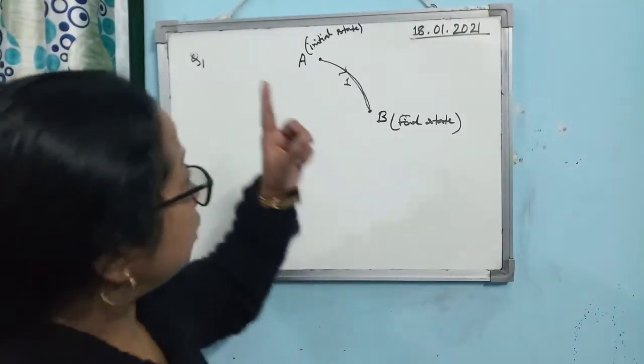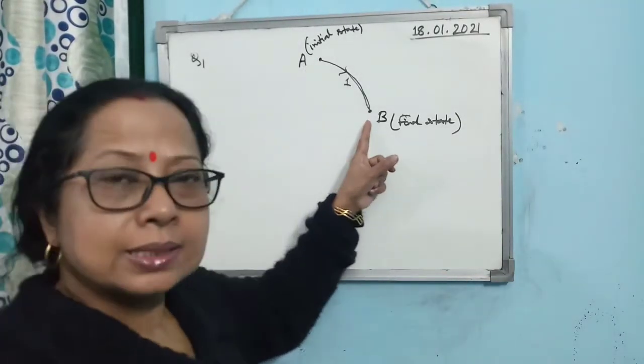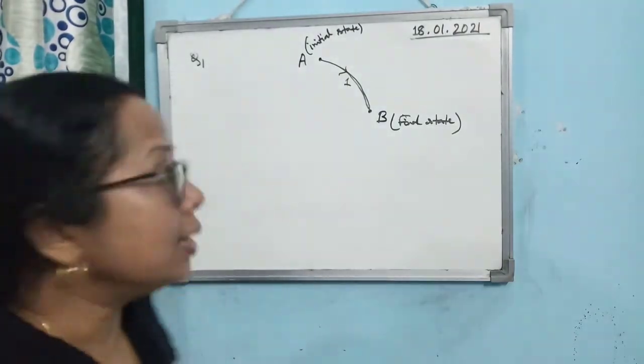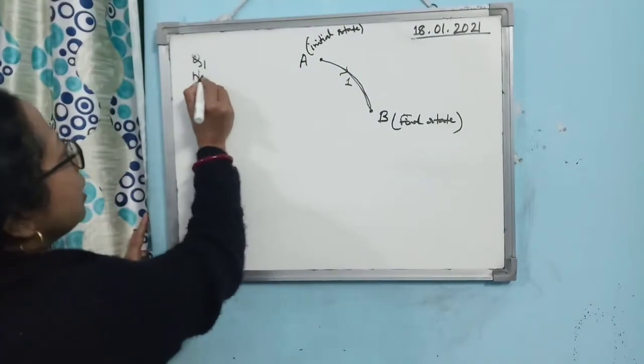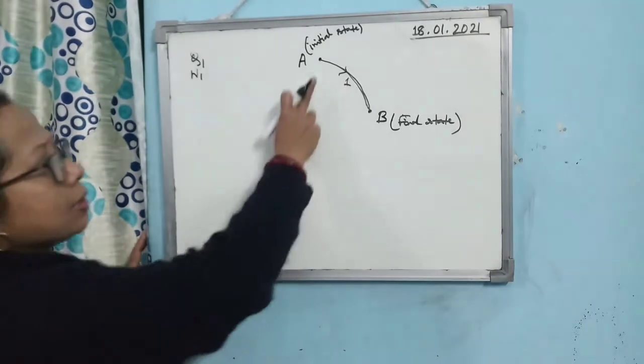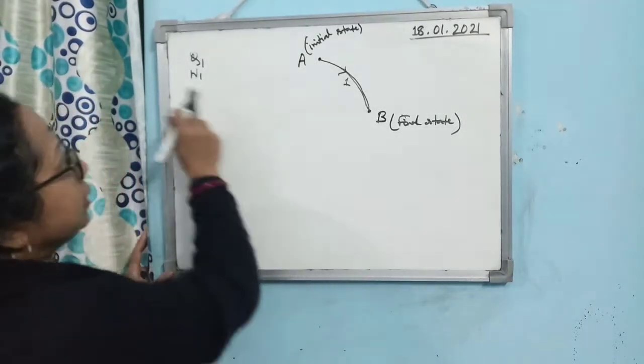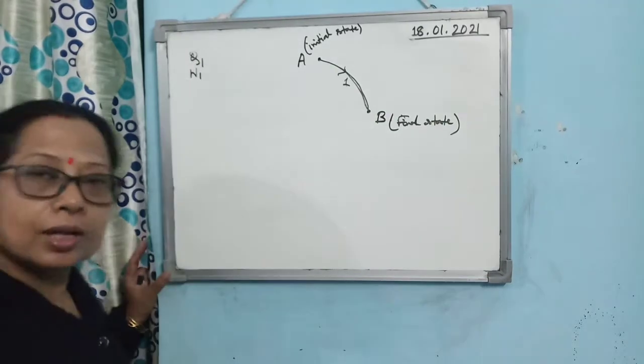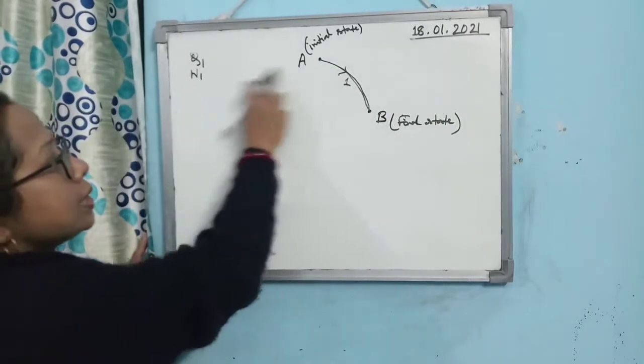To take the system from A to B, a certain amount of work has to be done. Let us consider W1 be the work done. When you are taking the system from A to B through path 1, Q1 heat is needed for this process and W1 is the work done.